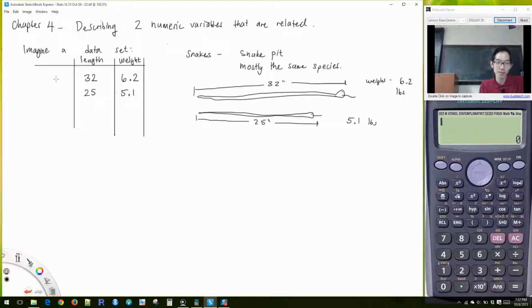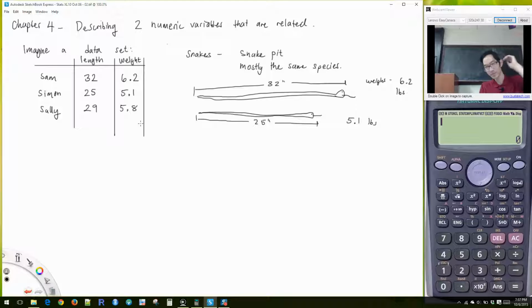And this was Sam the snake, and this is Jackson. I was going to go for S names here. Simon. And Sally. Sally is 29 inches long and weighs 5.8 pounds, etc., etc.